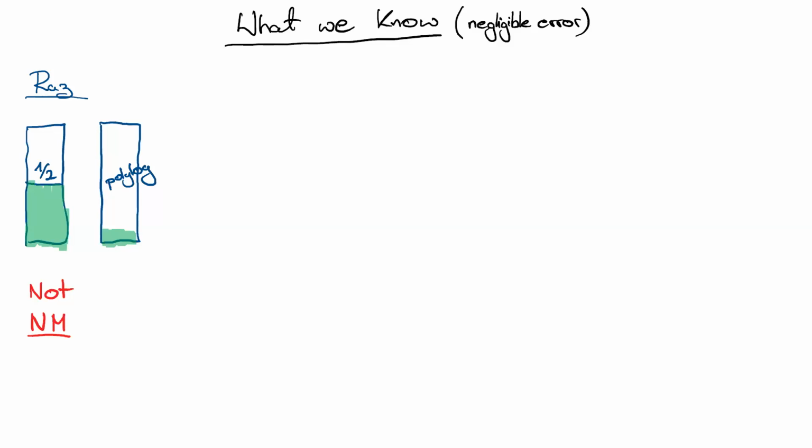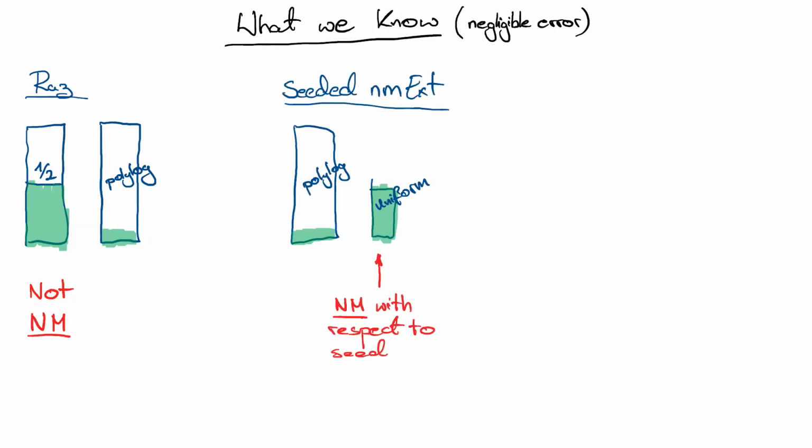We have the Raz extractor. Raz extractor requires one source to have min-entropy rate half, and the other source that has polynomial entropy. But that one is not non-malleable. If you see output on some correlated sources, the output might be correlated. Then we have a class of seeded extractors, seeded non-malleable extractors.